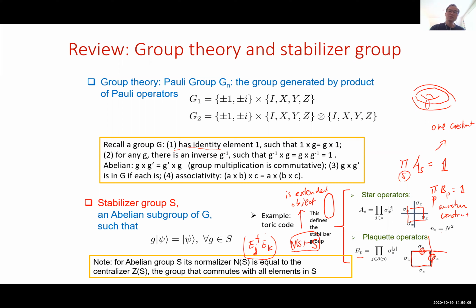For a single or localized error, if I have a Z like this, and I have X, when you multiply these localized objects, it will not be in the normalizer. So that's one example. This means that the toric code has a really large code distance. The distance is as large as the linear size. The larger the code distance, the better the error correction property.